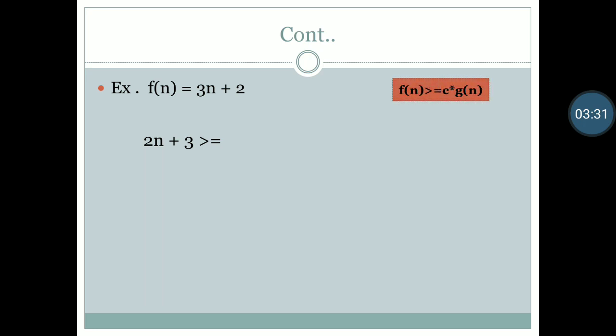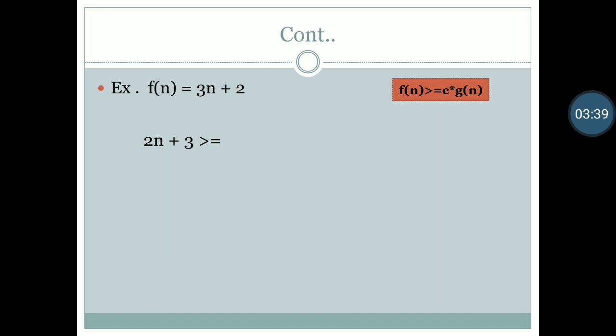For that, let's take an example: 3n + 2. For 3n + 2, the right-hand side of the equation must be less than or equal to our f(n). Keep in mind the condition f(n) ≥ c·g(n).